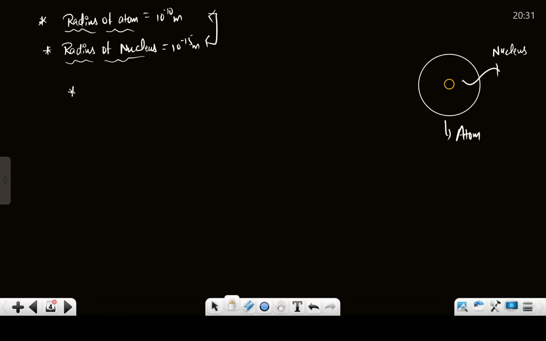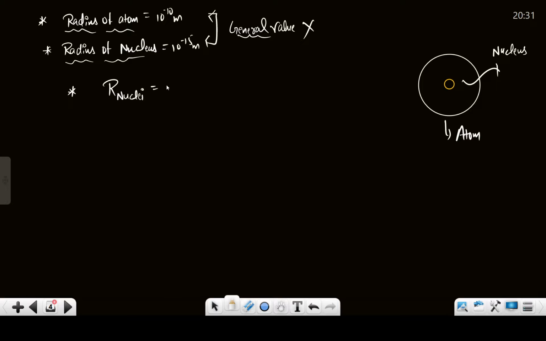Sir, this is not the general value first of all. Why is this not the general value? Because the radius of the nuclei will not remain the same like this.